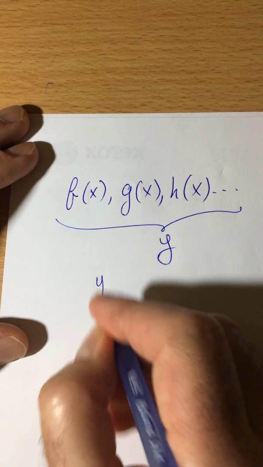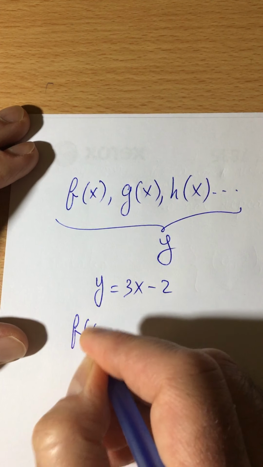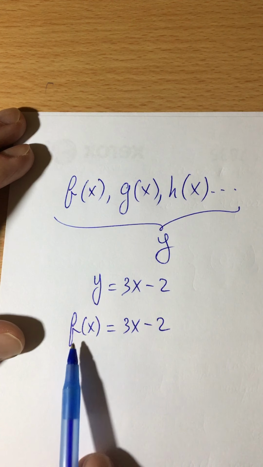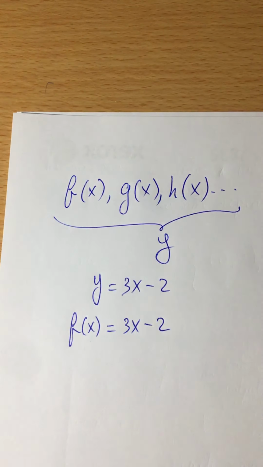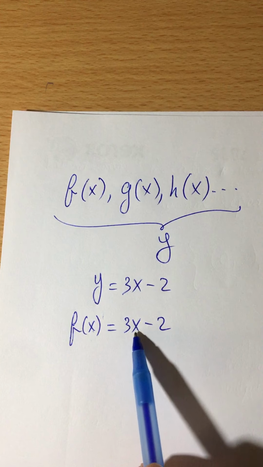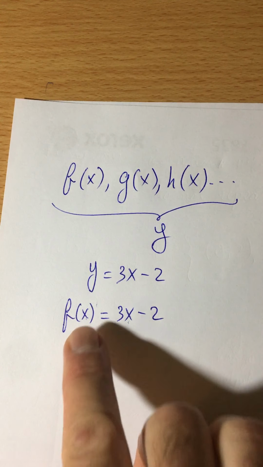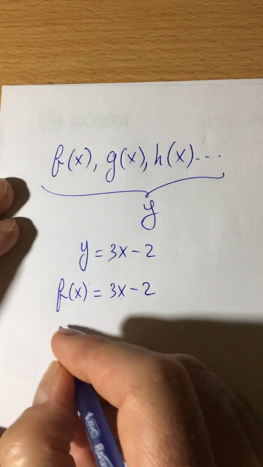So if I say y equals 3x minus 2, I can write it as f of x equals 3x minus 2. What does that mean? That means a function in terms of x. The function itself is called the f function, but this is your y value, a function in terms of x. And your x is your domain, it's your input, what goes into the function, and your y, or this, is the output.